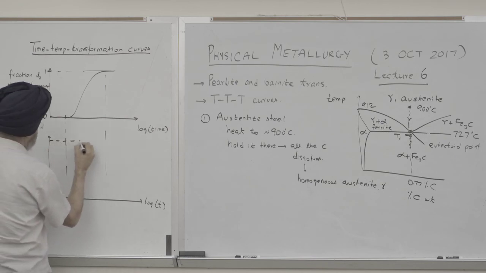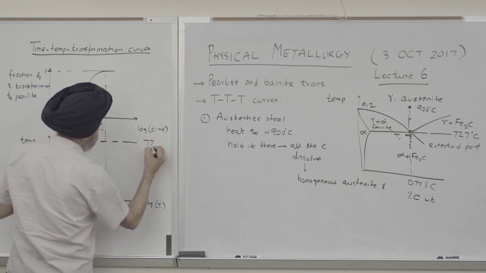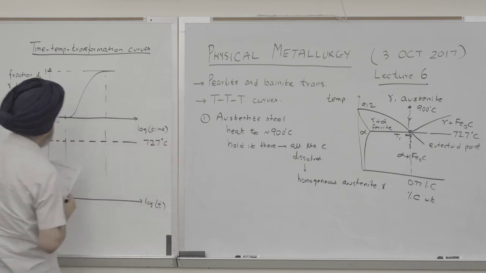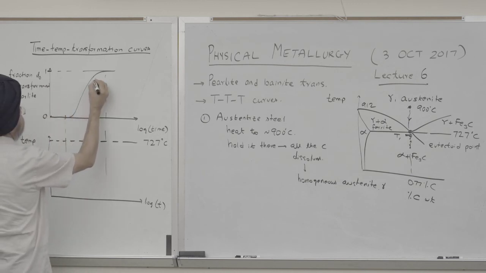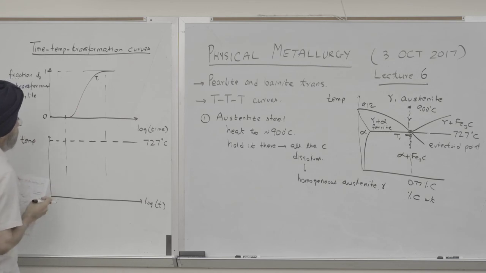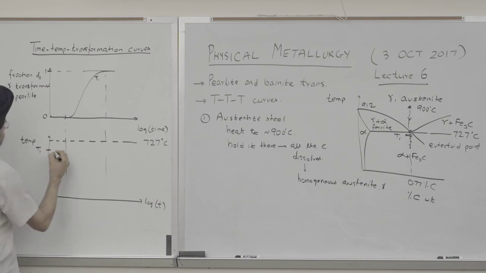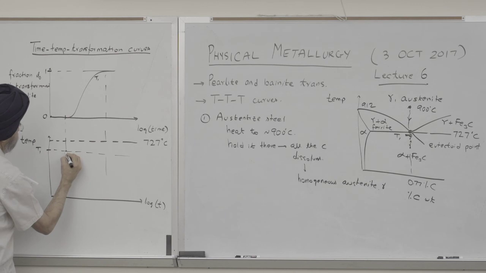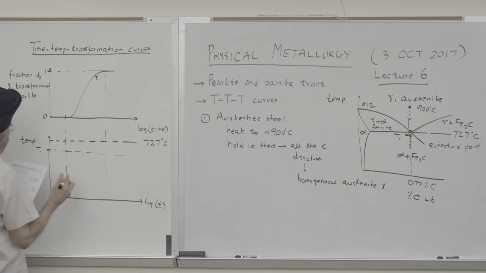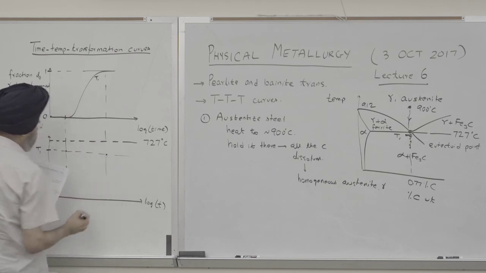The highest temperature would be 727 degrees C because the transformations happen below the eutectoid temperature. At this temperature for this curve is T1. What do I get? That this temperature T1 is, let's suppose, over here. At this point, my transformation starts. At this point, it ends, right?